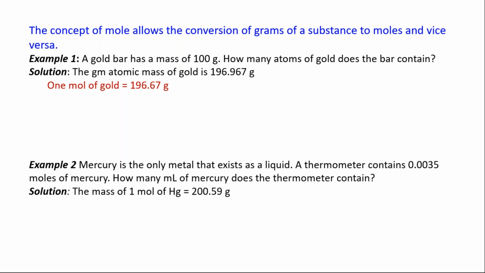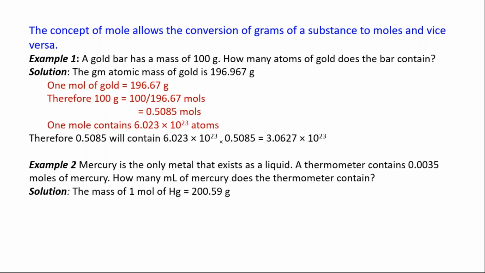That is the first step. You first find out the number of moles that is present in 100 grams. That is given by 100 divided by 196.67, and it is 0.5085. Now we know that 1 mole of any substance contains 6.023 into 10 to the power of 23 atoms.